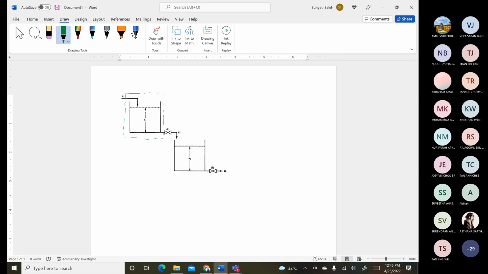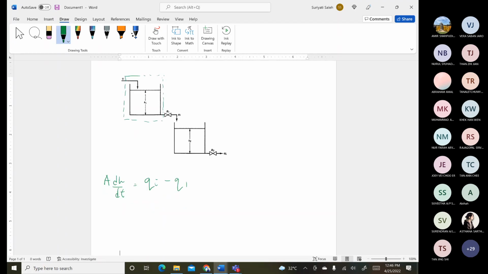In this case, it's still correct. Only when we want to do the derivation, this equation becomes A dH over dt equal to Qi minus Q1. You cannot substitute the Q1 because the boundary setup is before the valve. So this equation is still acceptable because the equation has been derived according to the boundary.